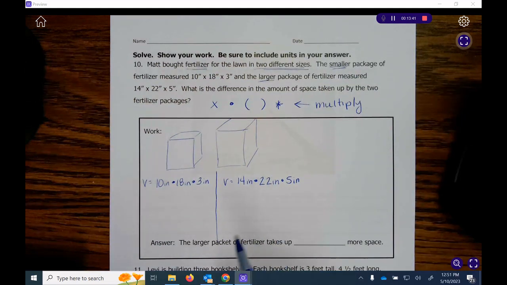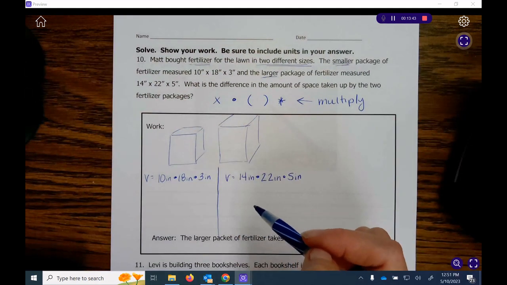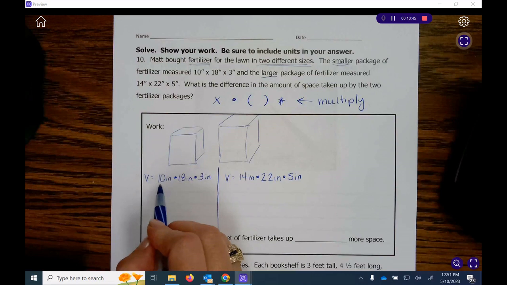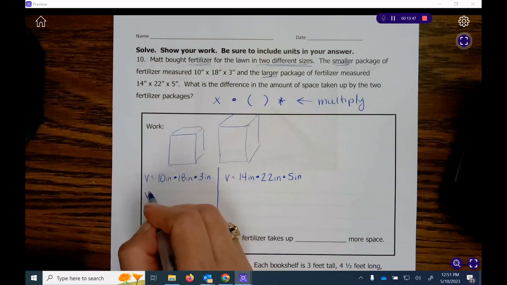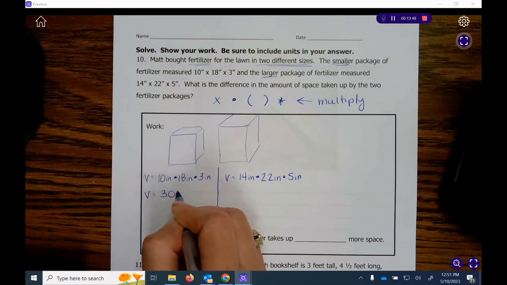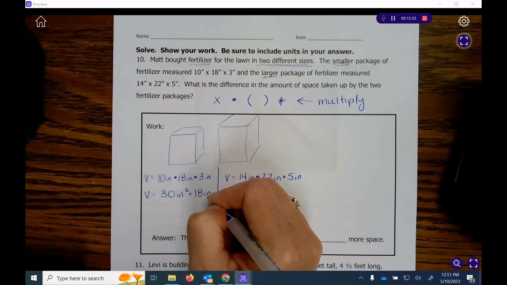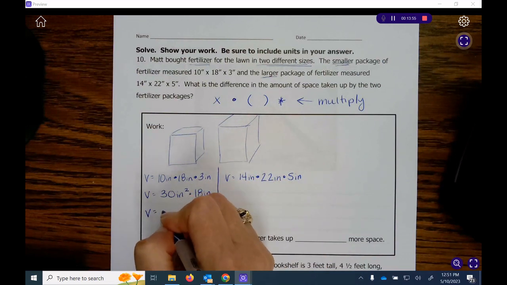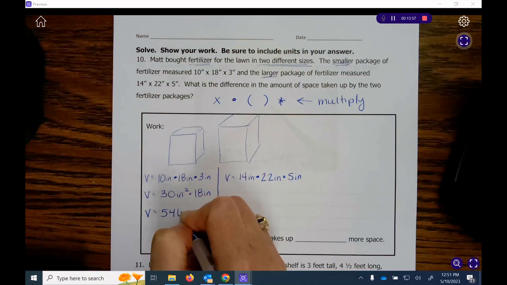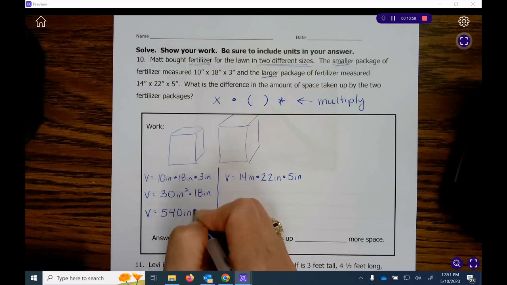All right, so let's find the volume of the smaller package. I'm going to multiply 10 times 3, so I get 30 inches squared times 18 inches. So the volume equals 540 inches cubed.